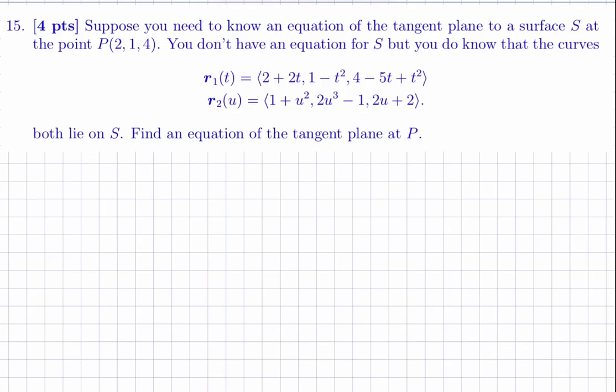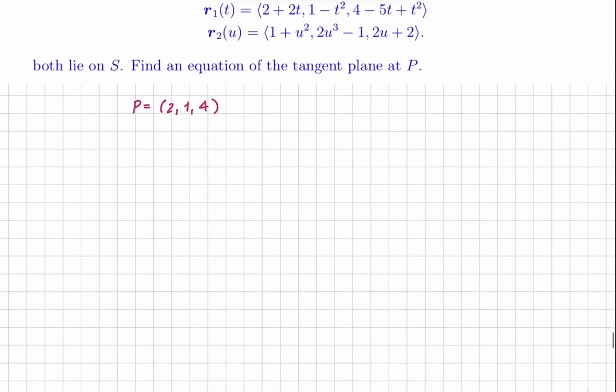So, to start off, we need to find parameter values where the curves pass through point P. So point P equals (2, 1, 4), and that's from the question right over here. To do so, we're going to take our first curve, r1(t), which equals (2 + 2t, 1 - t squared, 4 - 5t + t squared).